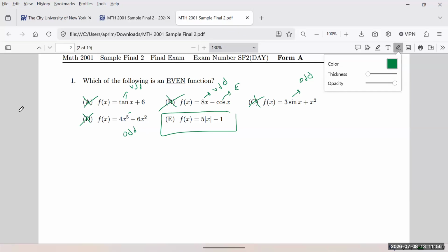This is odd. Let's see. f of negative x is 5 times negative x minus 1. Absolute value makes things positive. So 5 times x minus 1. The condition is that x has to be bigger than something. This is our condition. X is odd because x has power 1.